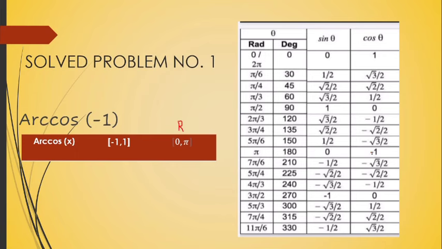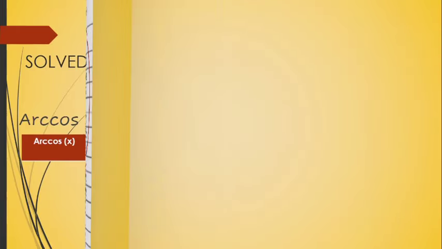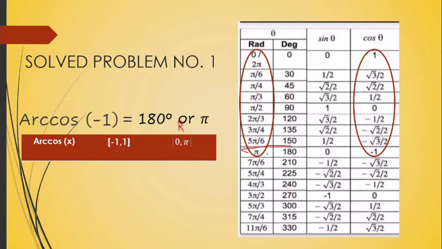The possible answer is a value from 0 to pi. Now, you look for the cosine of -1. What is its counterpart? We have 180 degrees or pi. Okay, that's it.